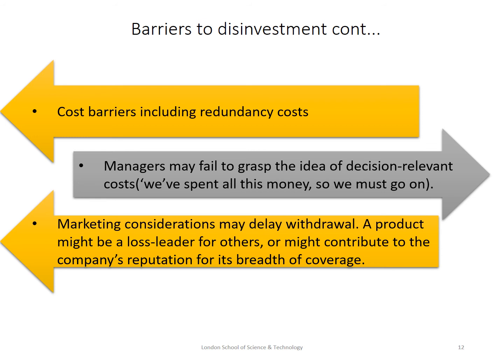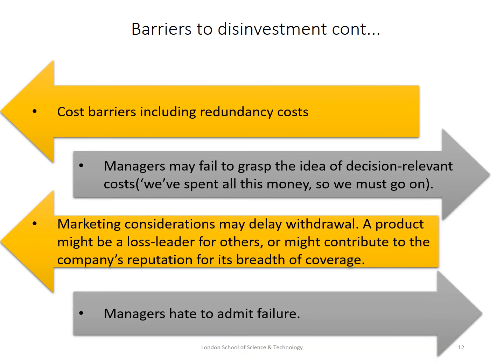A product might be a loss leader for others, or contribute to the company's reputation for breadth of coverage. You have a width of product range, and sometimes you keep products in even if they are the dog. Also, managers hate to admit failure, so they don't want to disinvest because it's a form of failure.